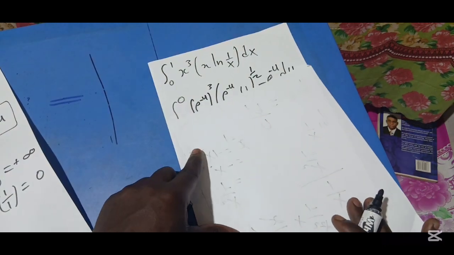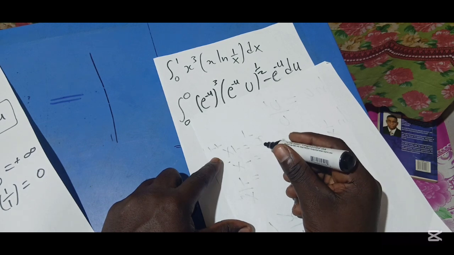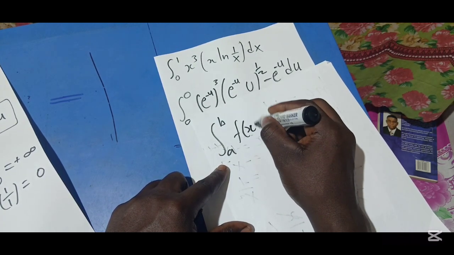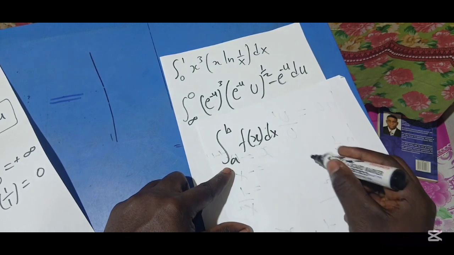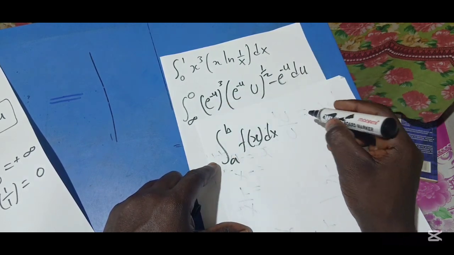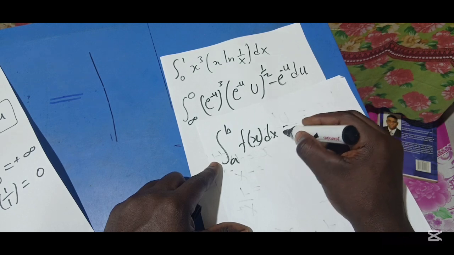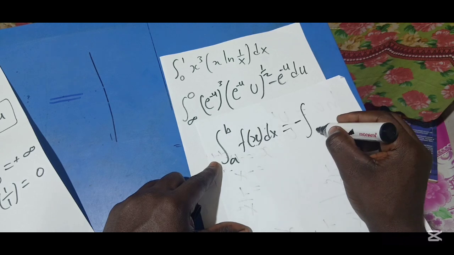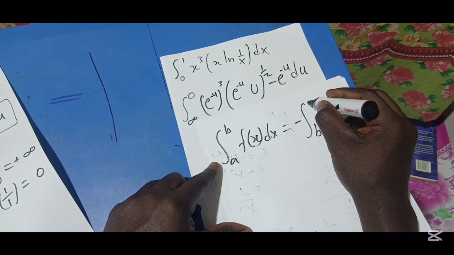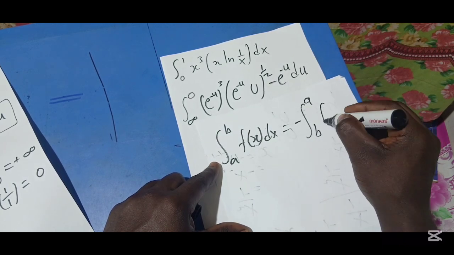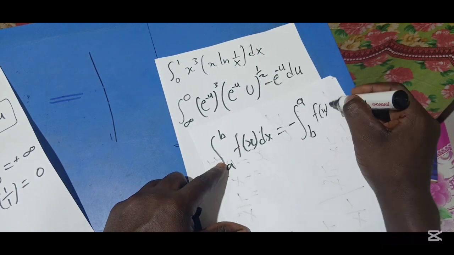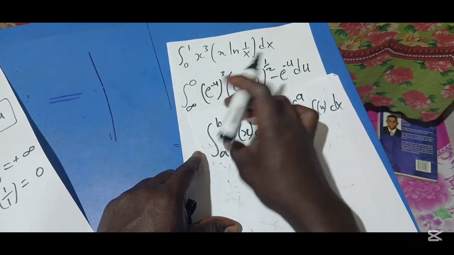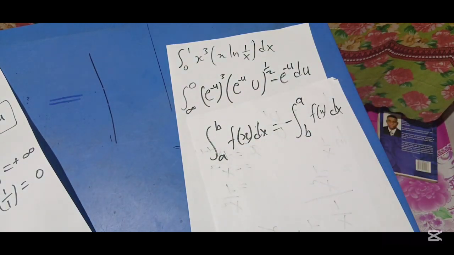And one thing you should also remember for the general integral rule: if you have the integral of a to b of f of x dx, to flip the boundaries, this will give us negative integral from b to a of f of x dx. So generally, a negative sign can change the position of the limits.